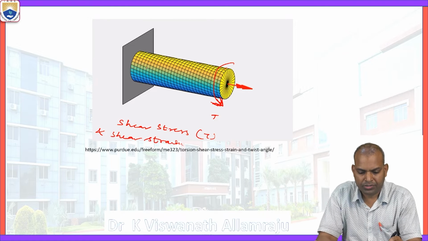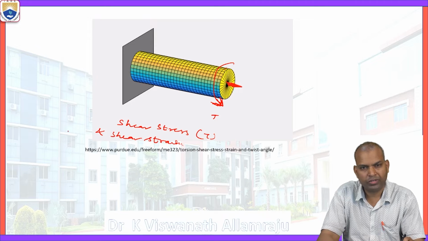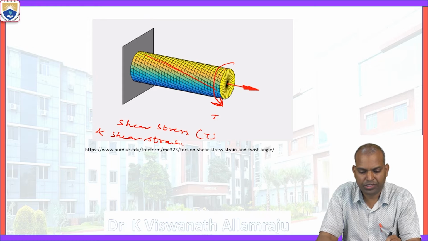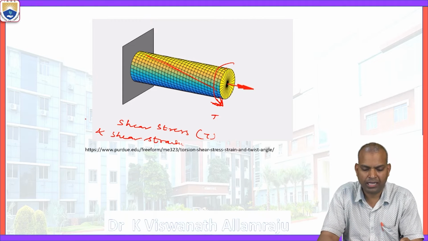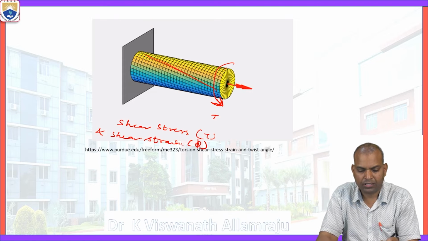So when the twisting moment is applied either in clockwise or counterclockwise direction, there will be an angle of twist. We can see the angle of twist in the layers. This torque causes shear stresses and shear strains to develop inside the material.